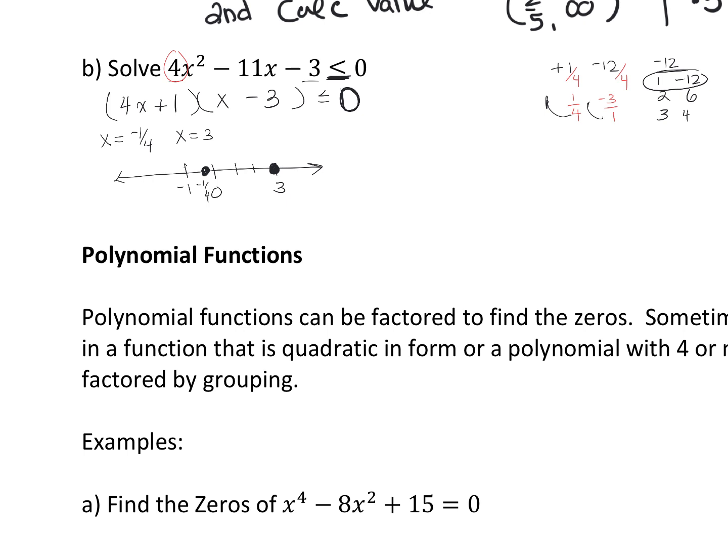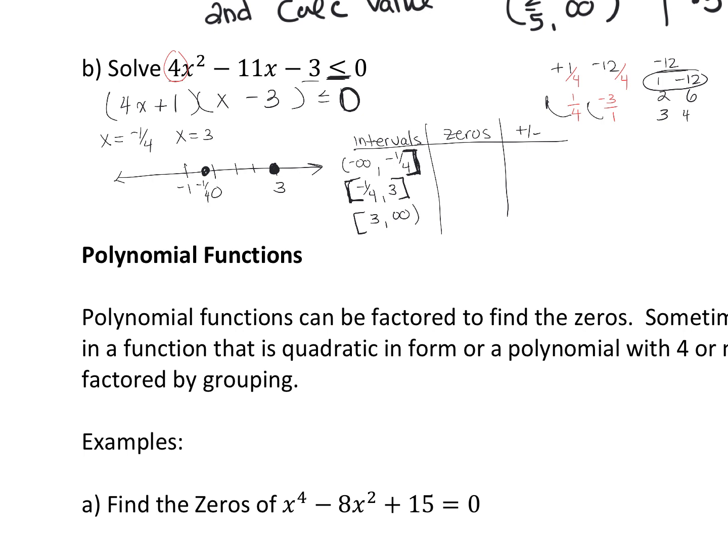So we're going to have our intervals, our zeros, and then whether or not it's positive or negative. Our intervals in this case: negative infinity to -1/4, bracket here, right? -1/4 to 3, bracket, and then bracket 3 to infinity.